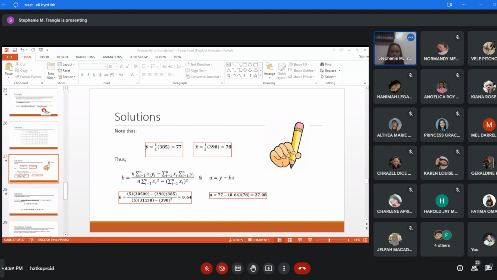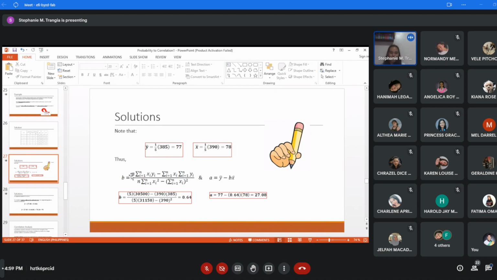So, the sum of Y is 385 divided by 5. The mean of X is you add them all, then divide by how many there are. So, that's 5. Now, let's proceed to B. So, N is 5.